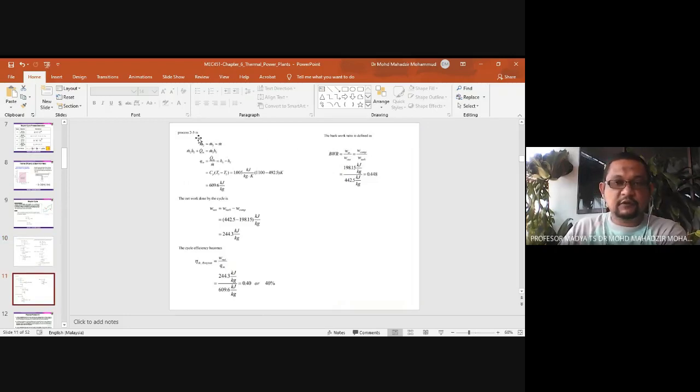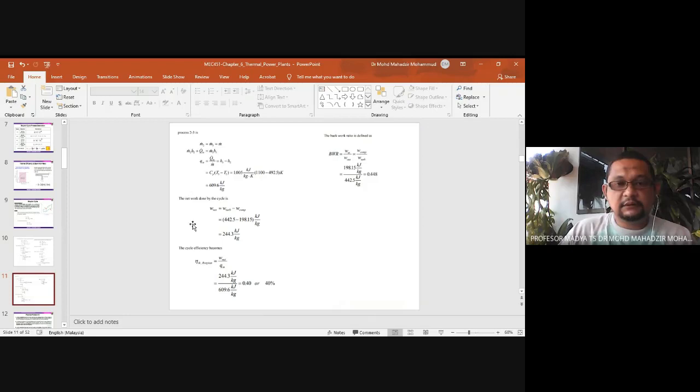Okay, so we go back to process 2-3. We know that the mass flow rate is equal. So from there, Q in, based on the equation for a closed system, Q minus W is equal to delta U. Then you get these equations, put in the values, and then you have the amount of Q in.